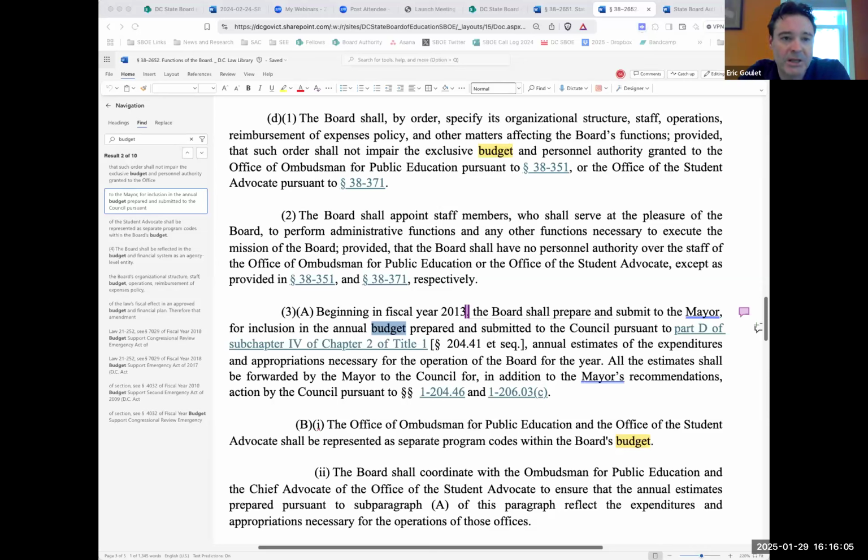We would never change it, but they would have to live with it if they looked greedy, or if they were being very frugal, whatever the consequences of that, we would put that upon the council to decide because they made up a relatively small portion of the budget. At the time, I think we extended the same courtesy to the state board, but we did not have an independent OAG at the time, so it wasn't really relevant for OAG because that was a subordinate DC agency.